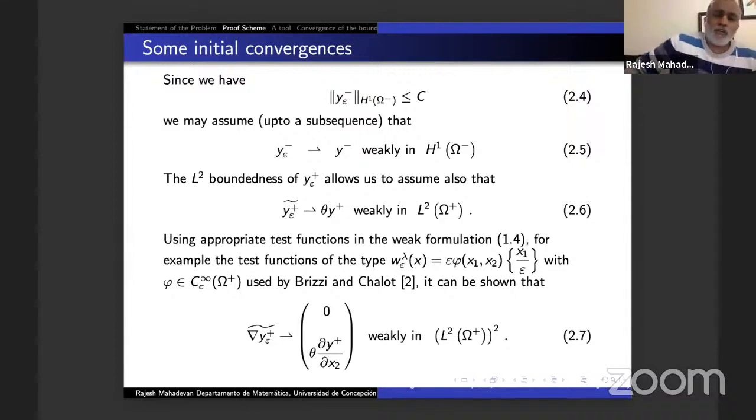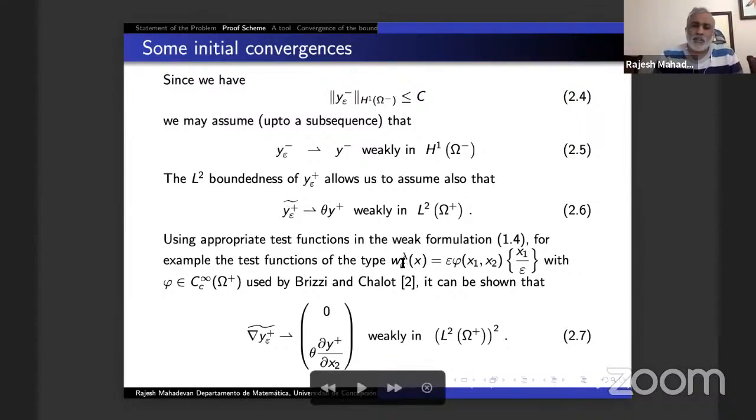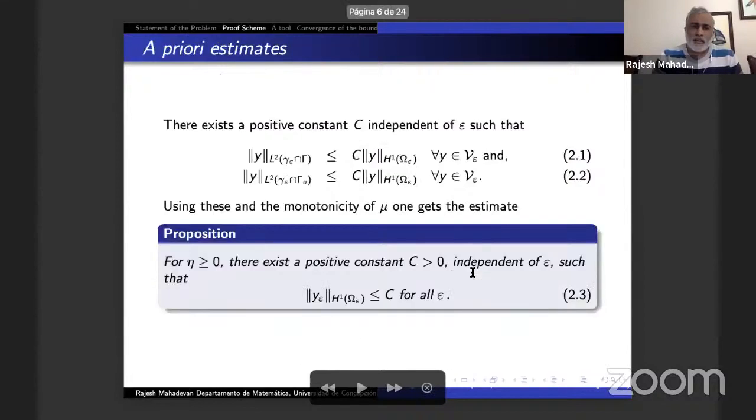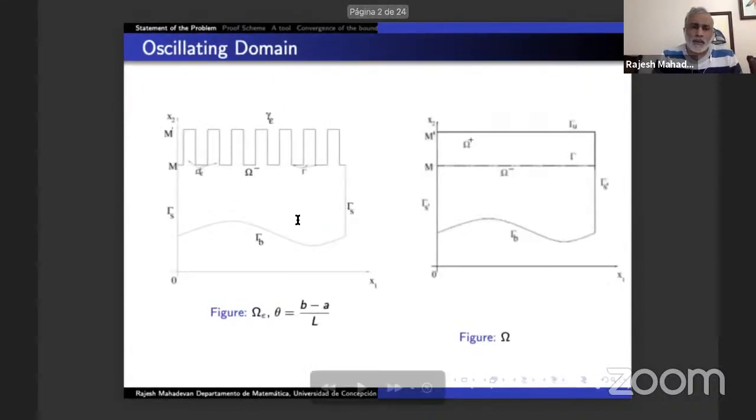But if you use suitable test functions like the ones which were shown in Murat's talk, basically for each tooth, you take a test function where you subtract from x1 a fixed, arbitrarily chosen point in each of these teeth.